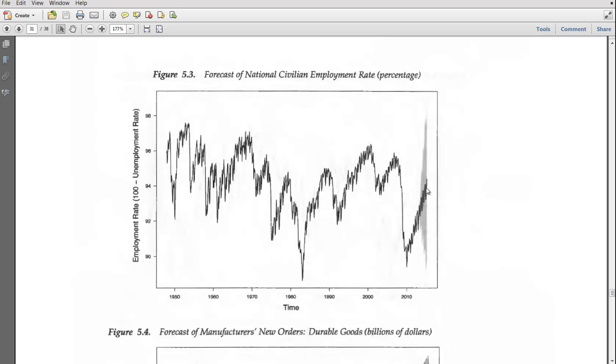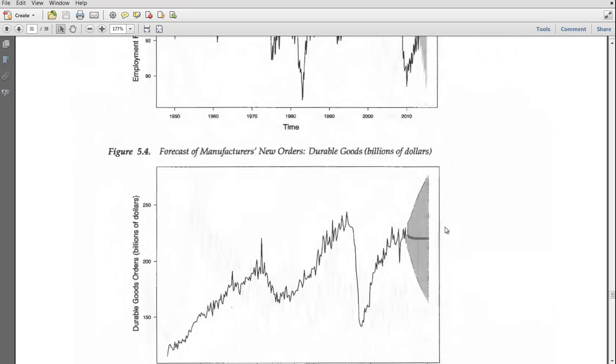And then at the same time, this is the interval, and you can see that the interval is expanding as we move further into the future in our predictions. And so you get the same kind of thing here. So this one is for new orders, and so it predicts that it's going to be like this, but the interval starts out as plus or minus this amount.